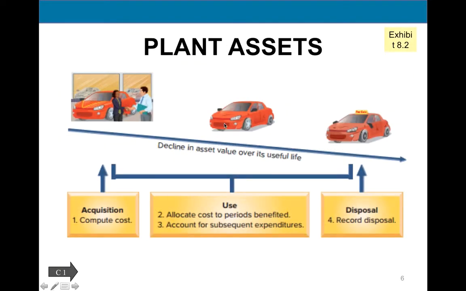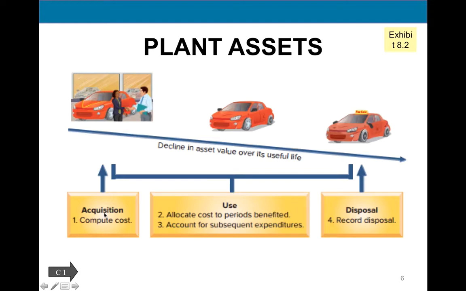So plant assets, right? You buy a car, you use the car, you get rid of the car, you dispose of the car. The asset value will decline over its useful life. So three ideas here, three problems. We have to decide, how much of the cost of that car do we have to journalize? Is it just the price of the car?